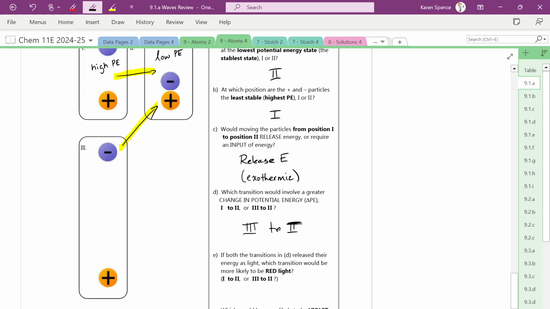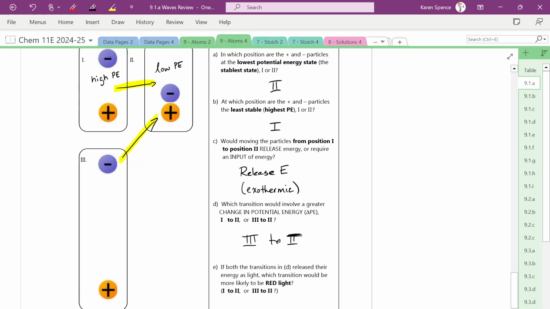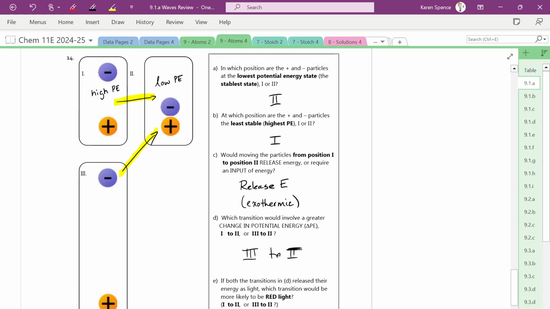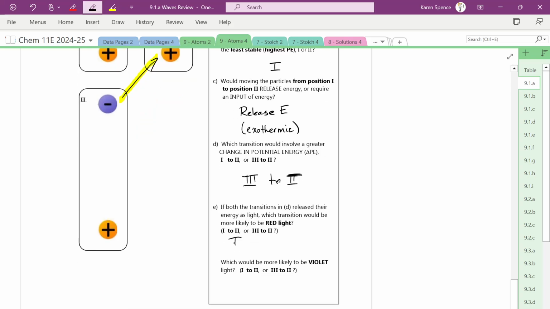So which transition, 1 to 2 or 3 to 2, would be more likely to give off red light? 1 to 2, because it's a smaller change in energy. And violet light would then be 3 to 2 because it has a larger change in potential energy.